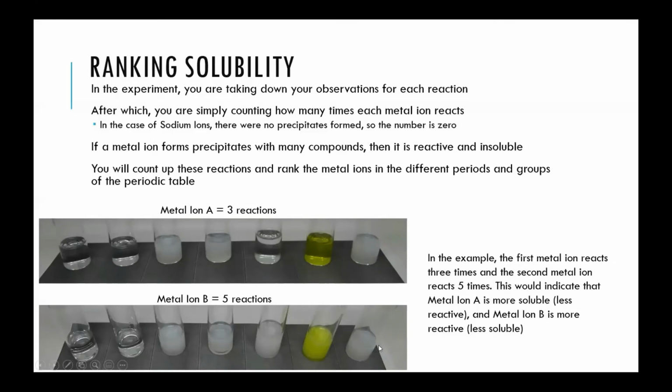It reacted 5 times where this compound only reacted 3. That means that compound B is more reactive. There are more reactions than in compound A, but metal ion A is more soluble. It's able to dissolve in more environments than the second one.